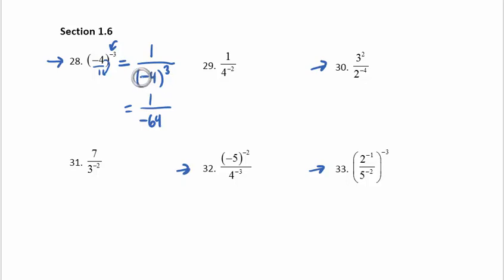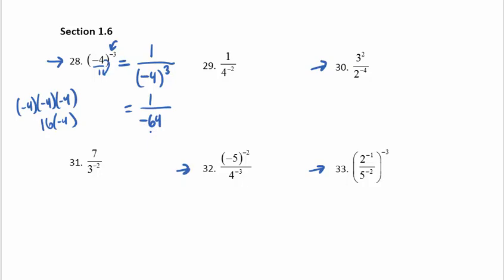And so since I had this negative 4 in parentheses, negative 4 was part of what's being taken to that power. So just to show you how I got that negative 64: negative 4 times negative 4 is positive 16, and then positive 16 times negative 4 is negative 64. And so that's the answer to 28.